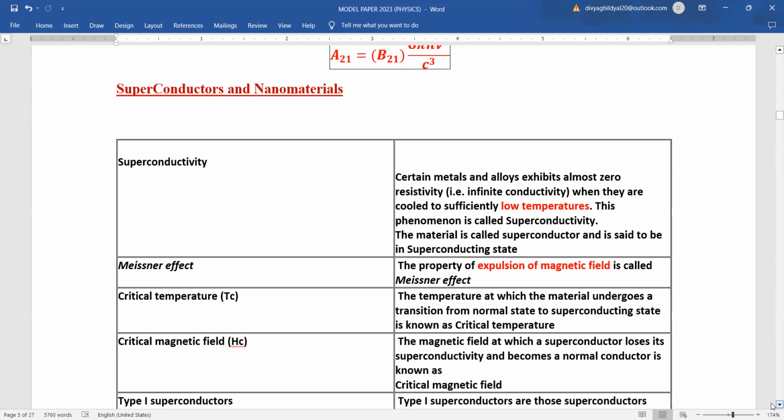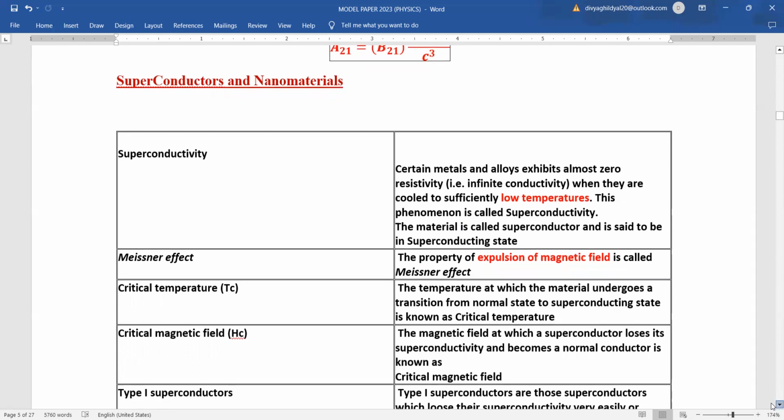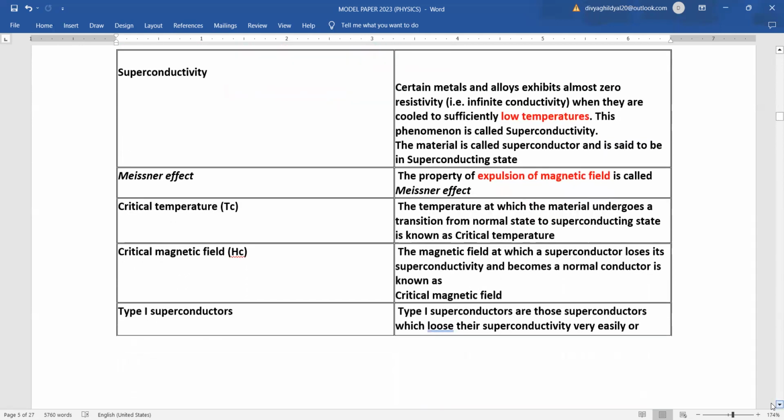The Meissner effect: the property of expulsion of magnetic field from the interior of a superconductor is called Meissner effect. They show the property of diamagnetism. Critical temperature and critical magnetic field are the points where the material undergoes a transition from normal to superconducting state.